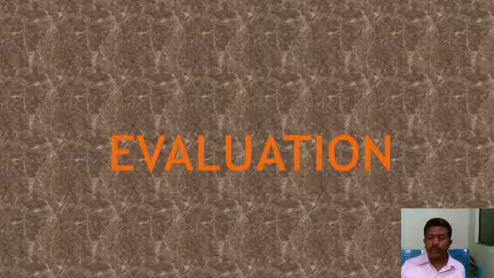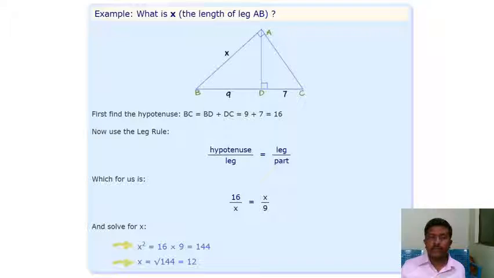So we can do evaluation. In this specific diagram, what is the value of x? As we know, we already learned hypotenuse upon leg and leg upon part. So take all hypotenuse, BD plus DC is equal to 9 plus 7 is equal to 16.